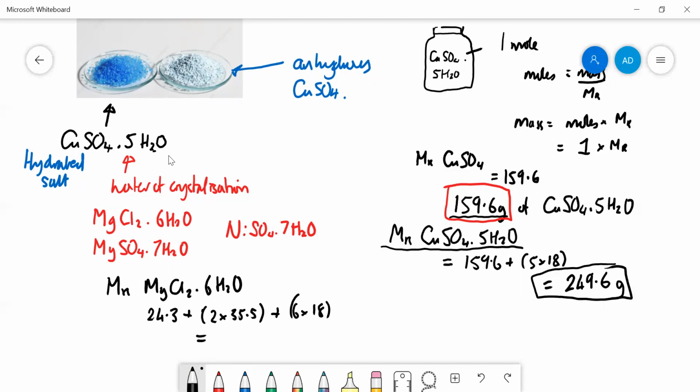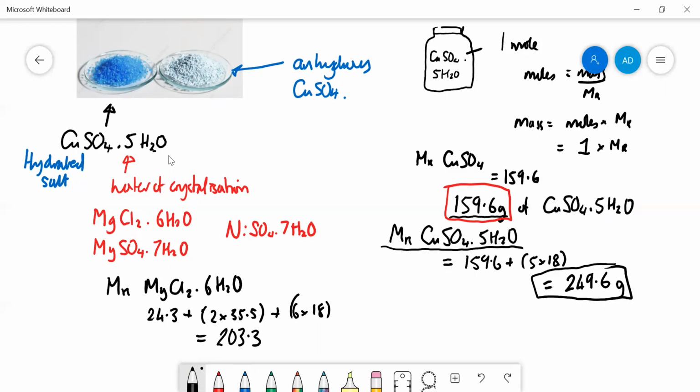That's going to be equal to 203.3. Very important to remember the waters in there when you're working out the Mr of these things.